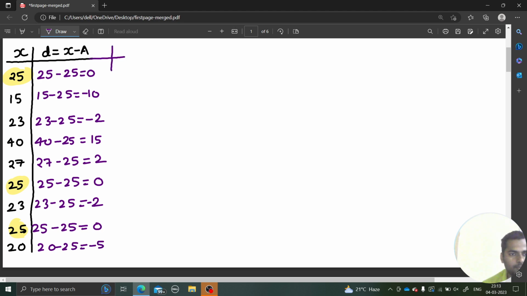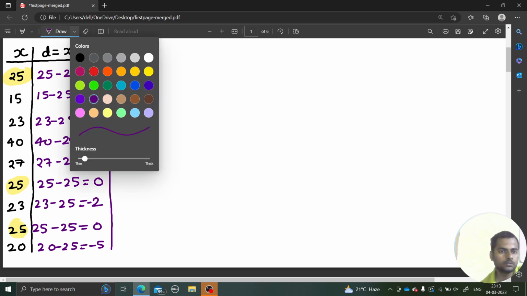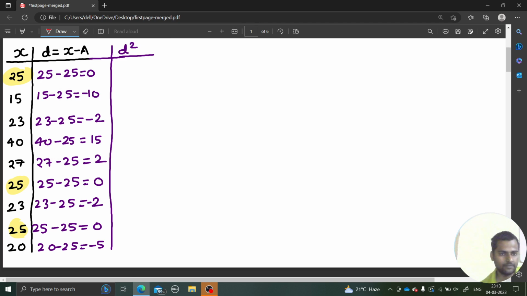Next, I will have to calculate d square. So let's calculate d square now. My d square will be 0 in this case.